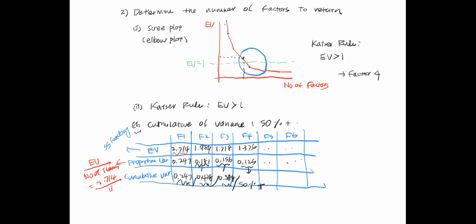If it's over 50% variance, that's going to be a good cutoff for the number of factors. So I'd go with factor 4. That's what the Kaiser rule tells, what the scree plot tells, and what the cumulative variance tells. Based on all this, I will probably go with 4 factors.